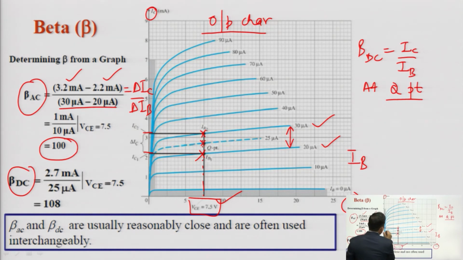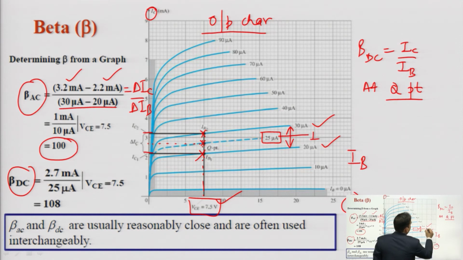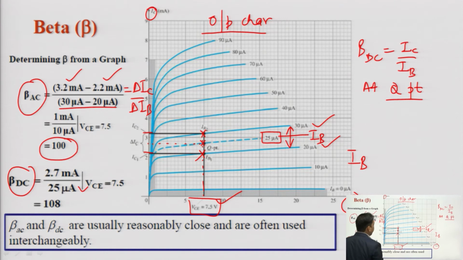Corresponding to this we have the value of IC and the value of IB. IB we can see here is 25 microampere, and corresponding to this, let us say we have current of 2.7 milliampere at again a constant VCE, which is 7.5. So we can say that beta DC is nearly equal to 108.